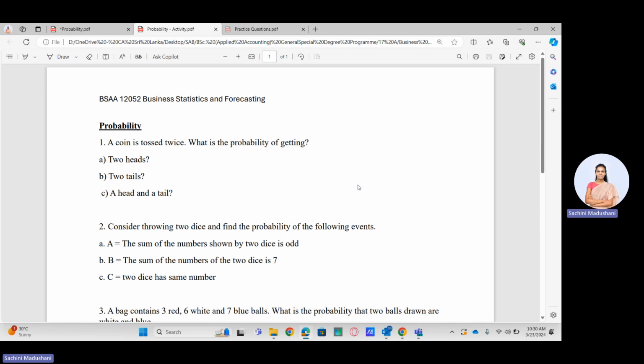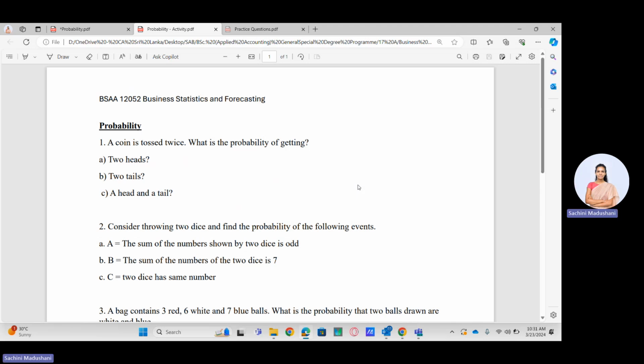Okay, then we can write all the sample points. Both times you get heads. Then the other one is both times you get tails. Then first time we get the head, second time we get the tail.